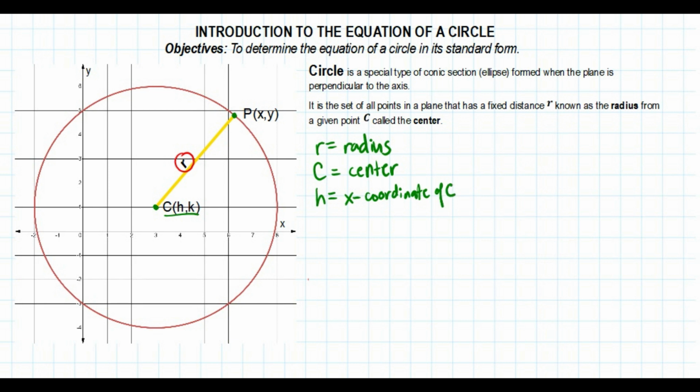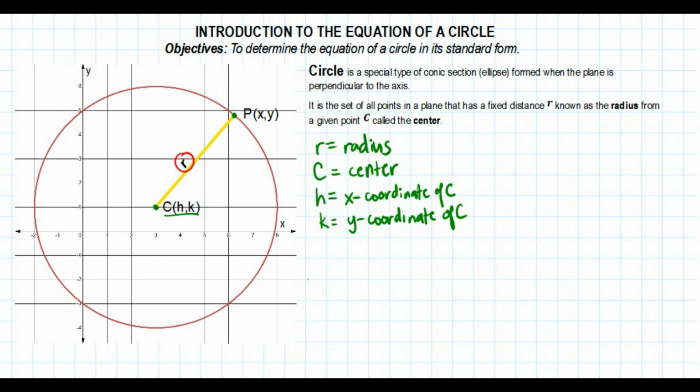And K is the Y coordinate of the center. Bakit ba siya sa X and Y? Kasi X and Y will be the universal values to any point on the circle. Pero nilagyan siya ng special variable para mas makilala natin yung H and madali nating ma-distinguish ang coordinates ng center. Kaya ginawa siyang H and K.